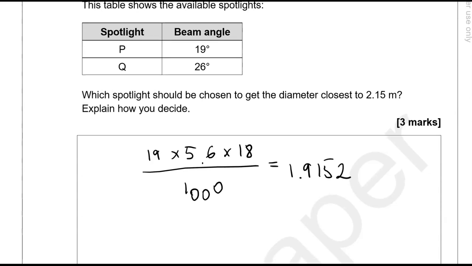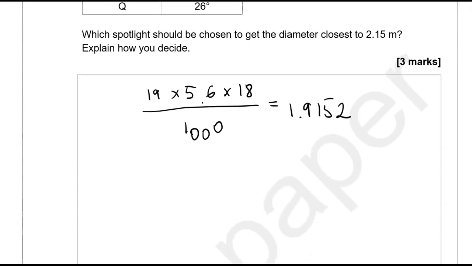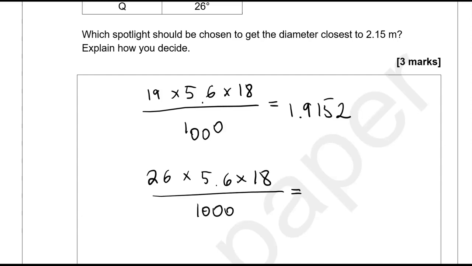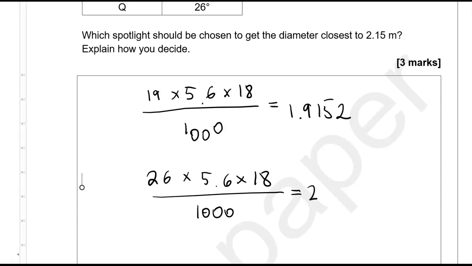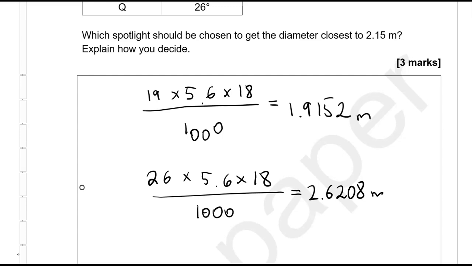Now let's replace the value of the angle with 26, so 26 times 5.6 times 18, all divided by 1000, gives us 2.6208. So both in meters.